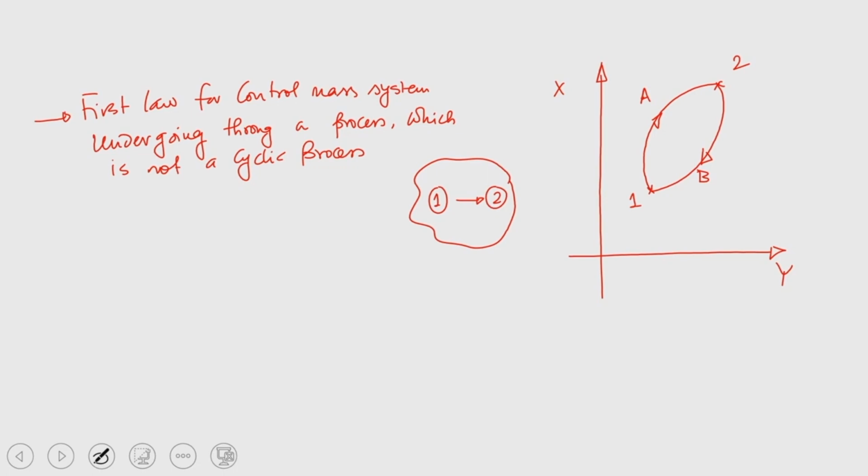So it changes state from 1 to 2 and again comes back to the original state.